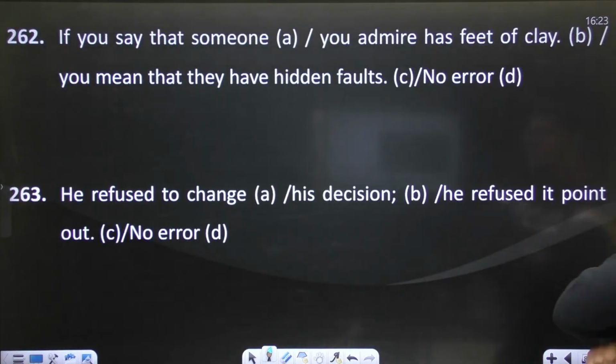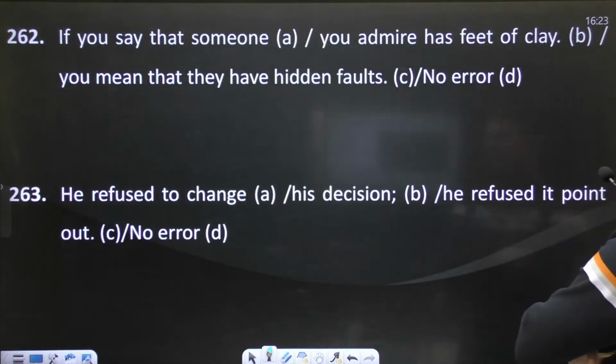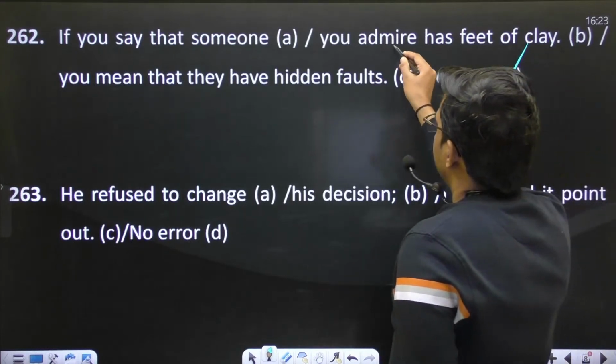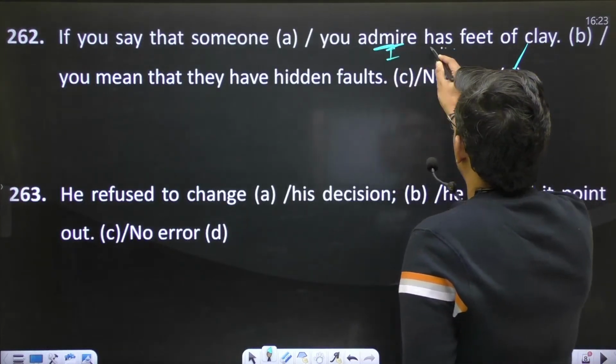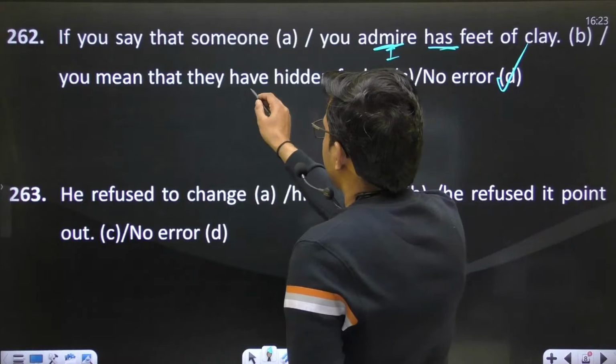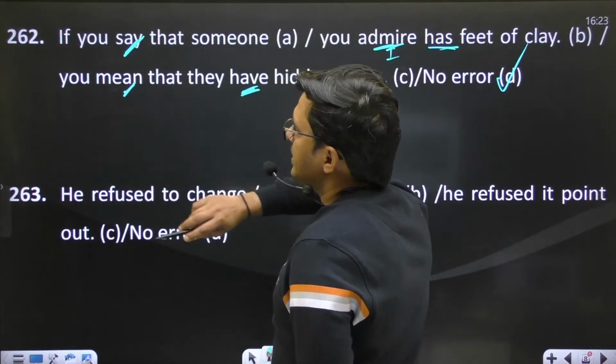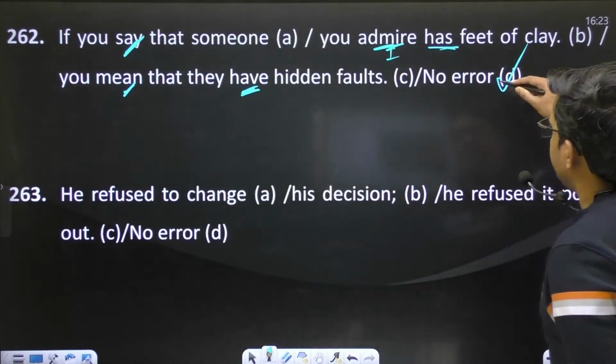If you say that someone you admire has feet of clay, you mean that they have hidden faults. This sentence has no error. This is in present tense, so the sentence is okay.